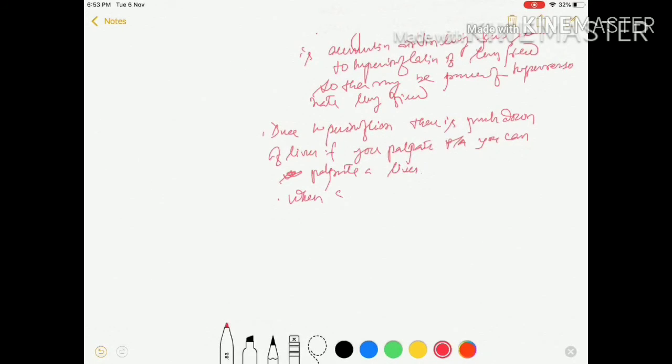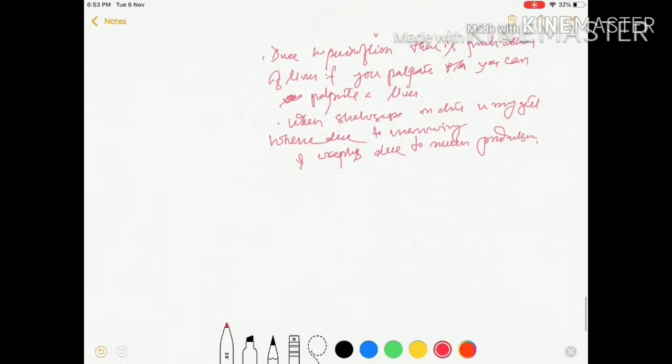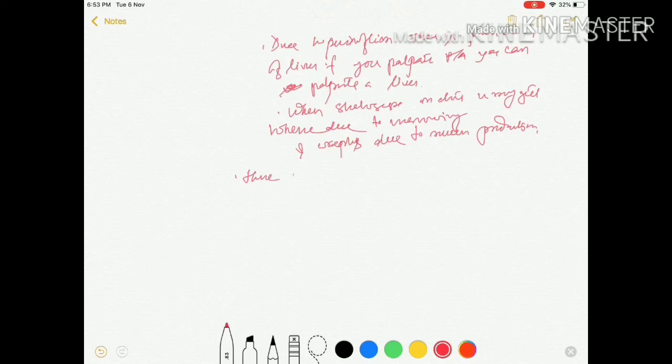When you put a stethoscope on the chest, you may get wheeze due to narrowing and crepitations due to mucus production. There may be chances of getting bronchial breath sounds also, due to a collapsed area of lung field.